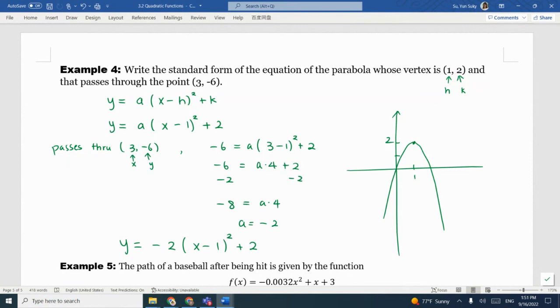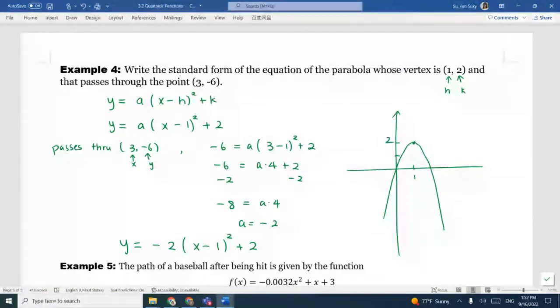By the way, my picture is not so good. If you want to know the x-intercept, you can set this equal to 0 and solve for x. Is that okay, everybody? Questions?